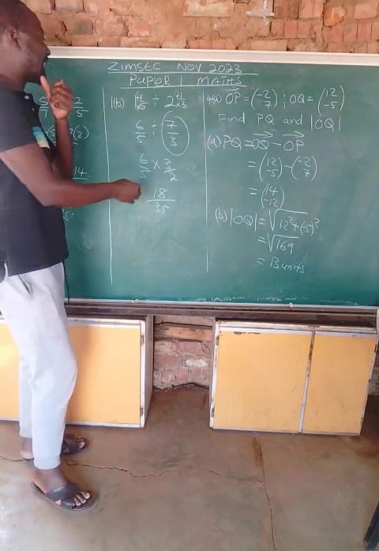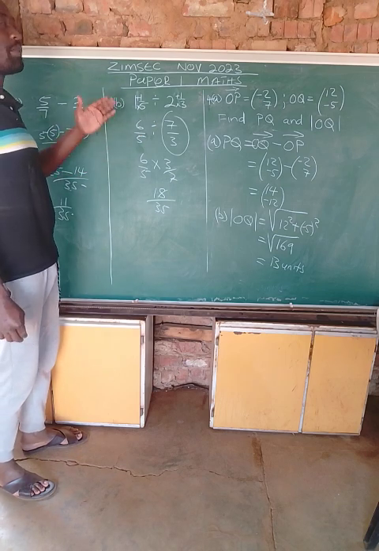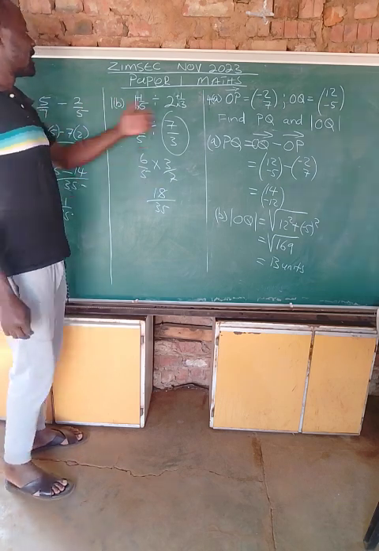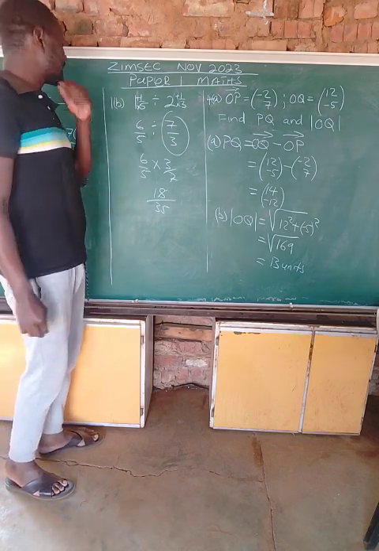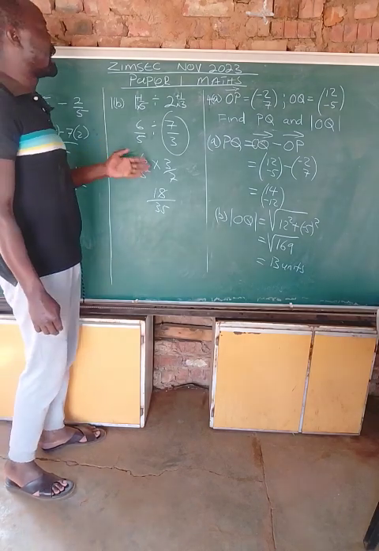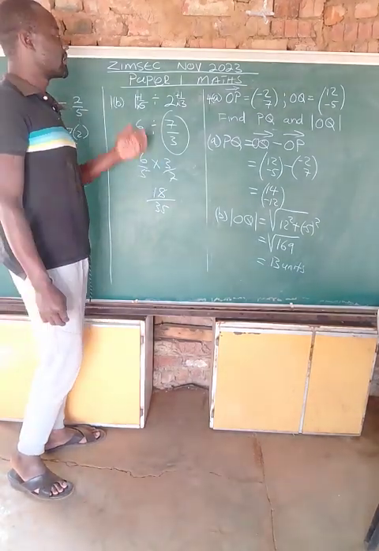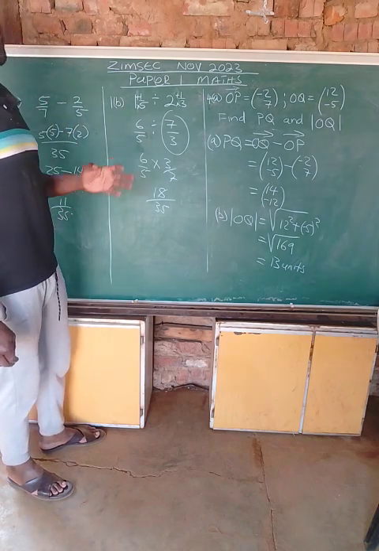So these are some of the questions we solved. We are going to solve the whole question paper today. Wait for the next questions. I hope we are going to manage to solve all the questions today. So today we are going to be practicing paper 1.